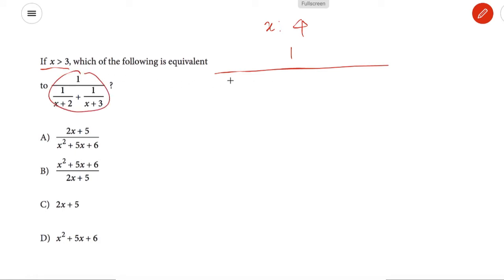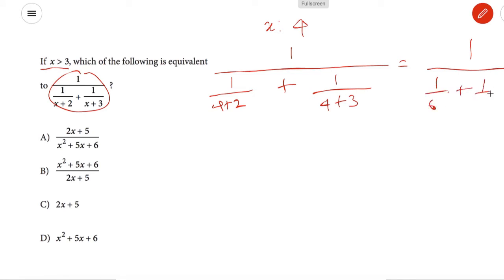So you have 1 divided by 1 over 4 plus 2 plus 1 over 4 plus 3. Now 4 plus 2 is 6 and 4 plus 3 is 7. So you have 1 divided by 1 over 6 plus 1 over 7.